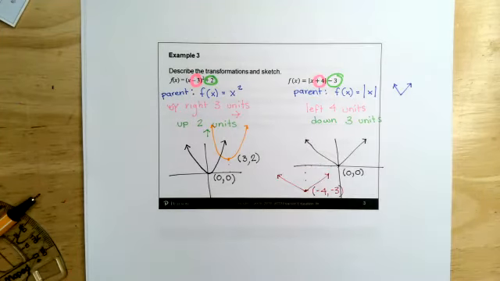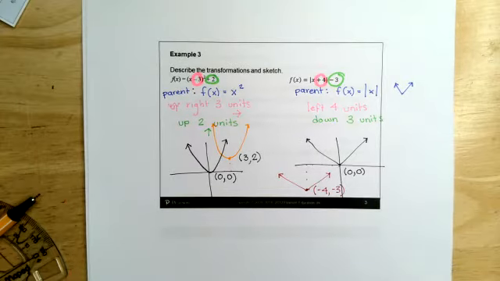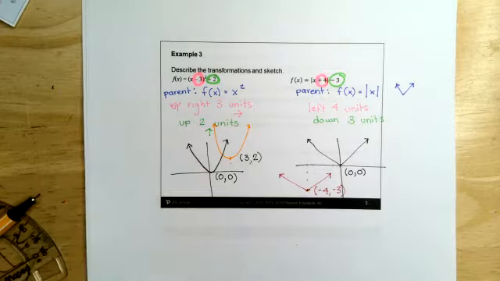Again, these are not compressions, they are not stretches, and they are not reflections. They are just shifts. You're just picking it up, moving it somewhere else. You can move it both up and to the side at the same time.